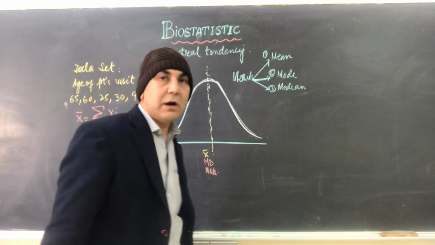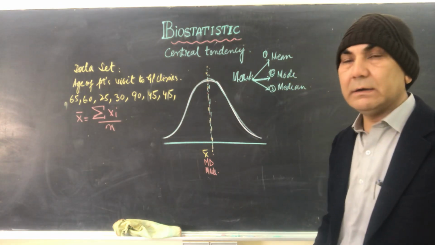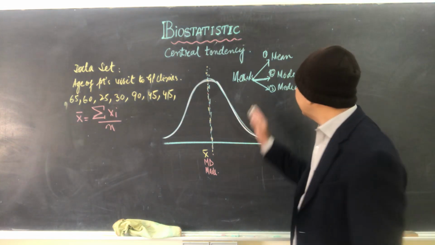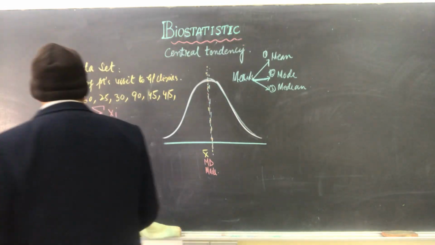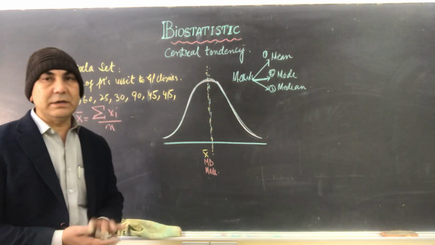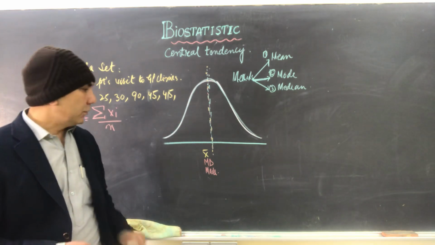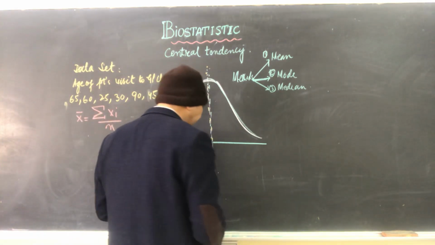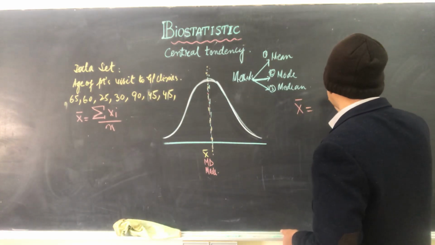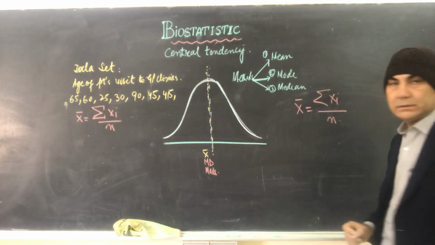Let's start first of all with the first method of measuring central tendency, the mean. The mean gives the average of any data set. Suppose x bar is the mean of the sample, which is the sum of the xi divided by the total number.